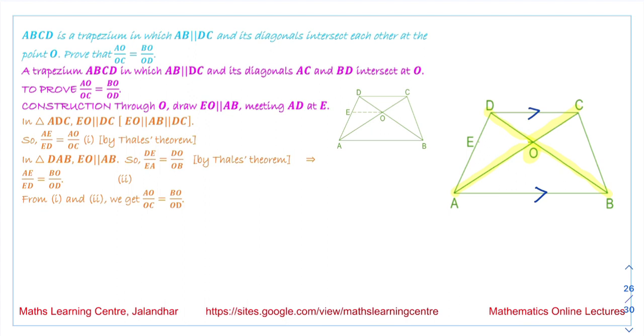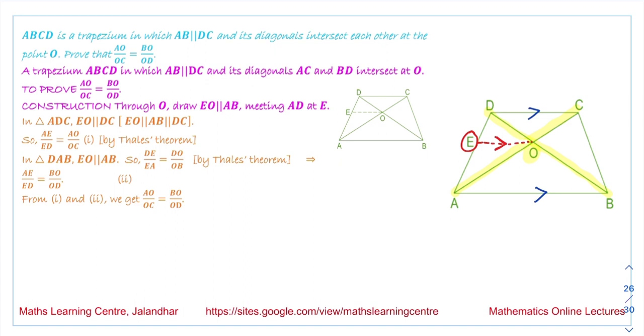So to start the proof, we have drawn a line passing through O and parallel to AB, which meets AD at this point E. We have drawn this line which is parallel to these two lines.